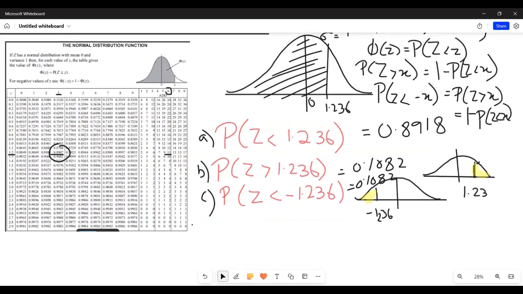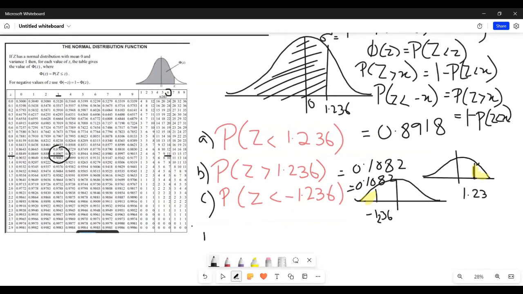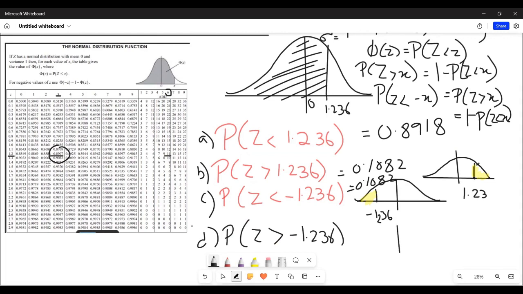Now let's take a look at this case. Probability Z is greater than negative 1.236, which means this region.